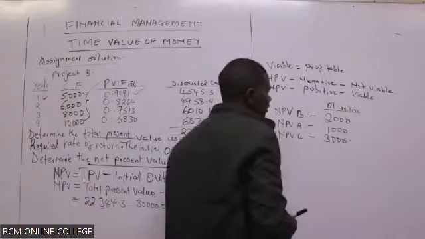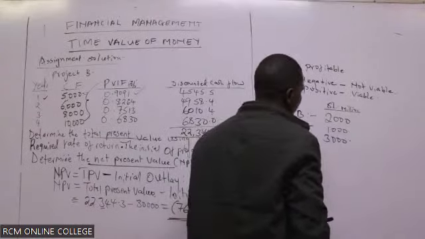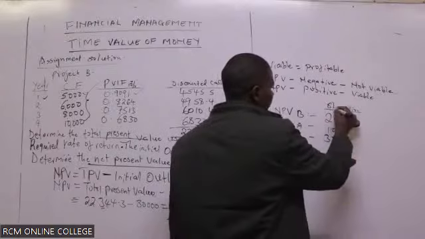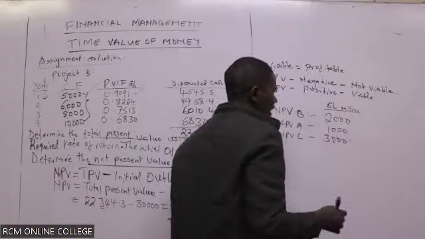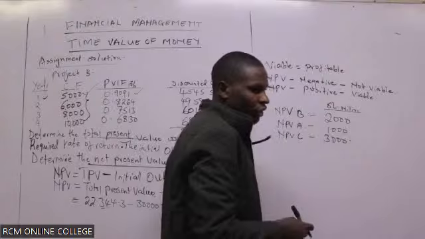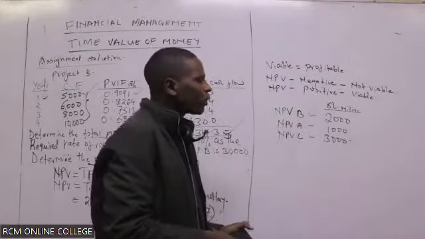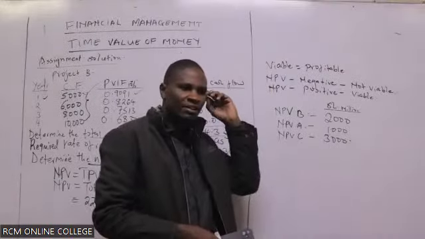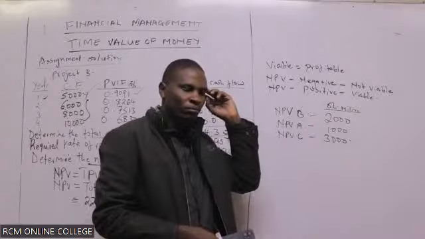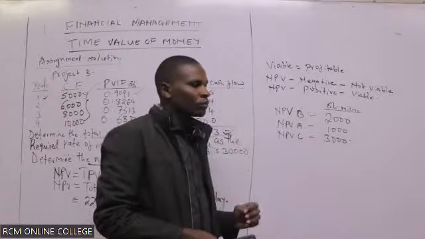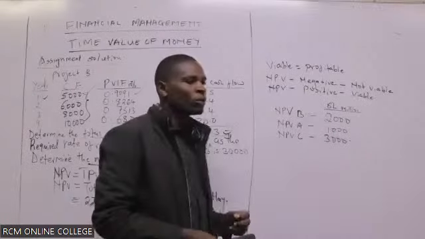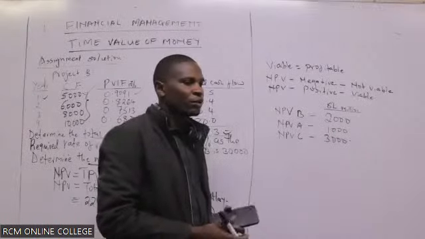And investor Jane comes to you and tells you that she wants you to advise her on which project to invest in. As a financial analyst, which project would you advise Jane to invest in?